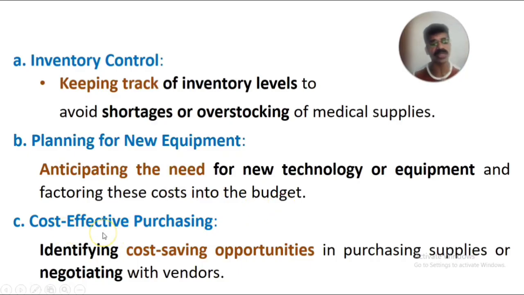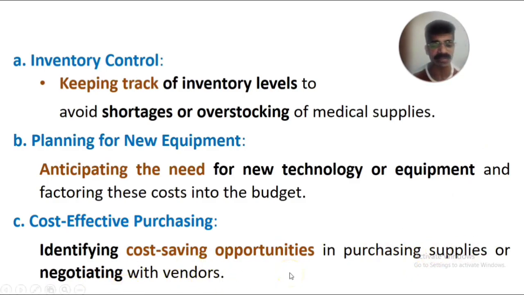Then the third one is cost-effective purchasing. That means applying the principles of cost effectiveness in purchasing various supplies and equipment for the hospital. So identify cost-saving opportunities, where they are available, when they are available, and even negotiate with the vendors.